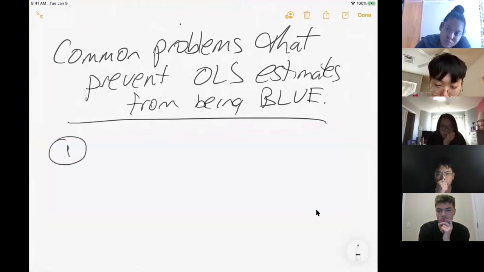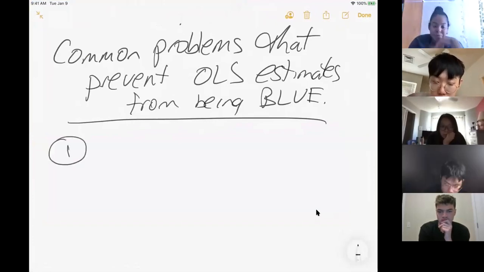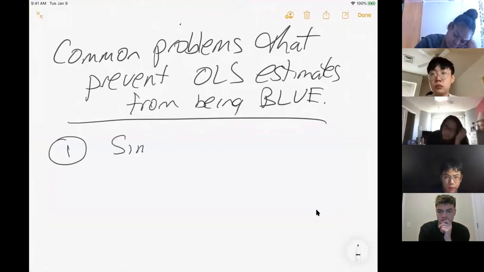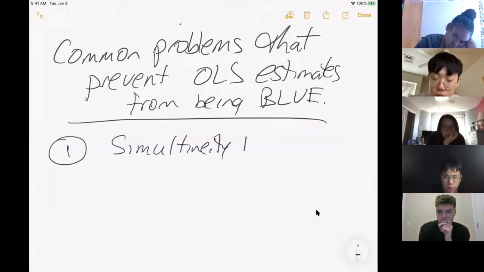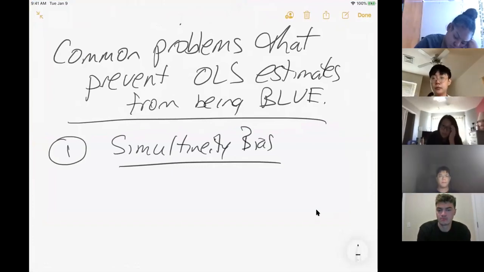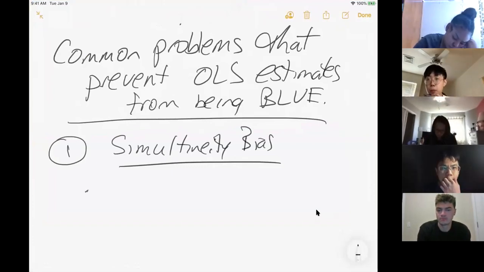One, a particular problem in growth data is what we call simultaneity bias. What's simultaneity bias?